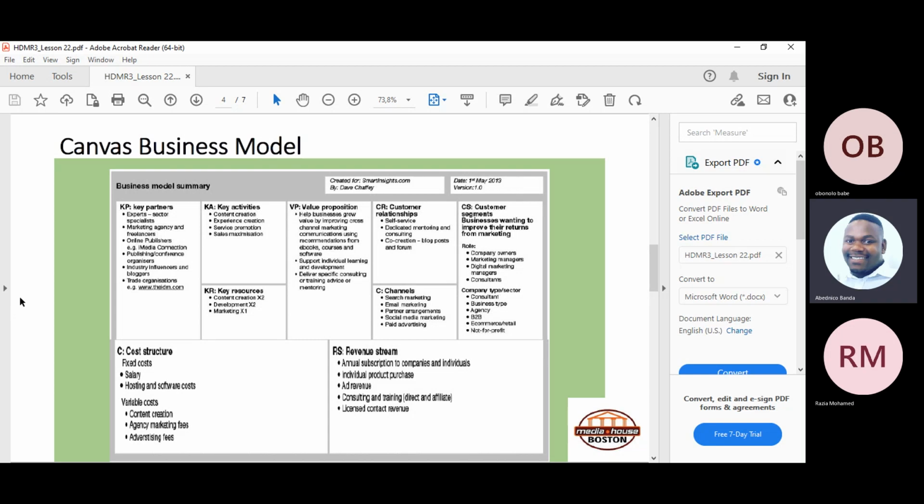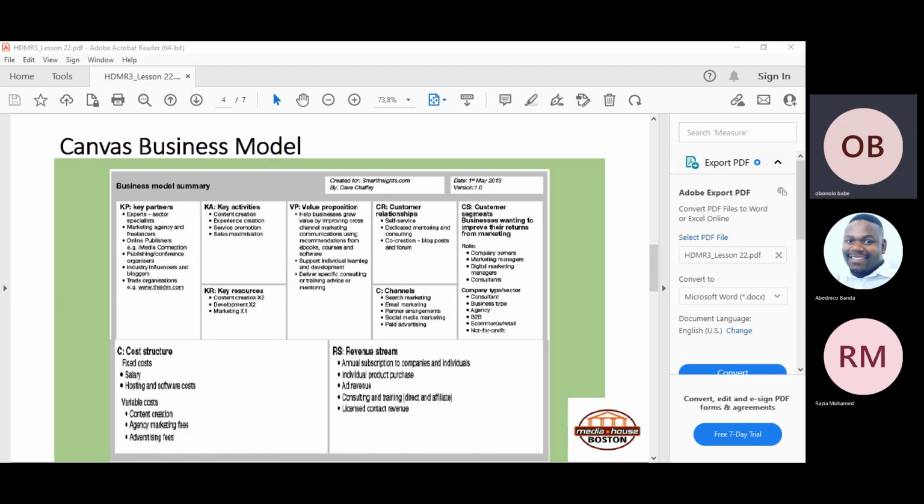What about key activities? What would you do around content creation, experience creation, service promotion, or sales maximization? I would get influencers with kids to create the content for me. Are you targeting the kids or are you targeting the parents?